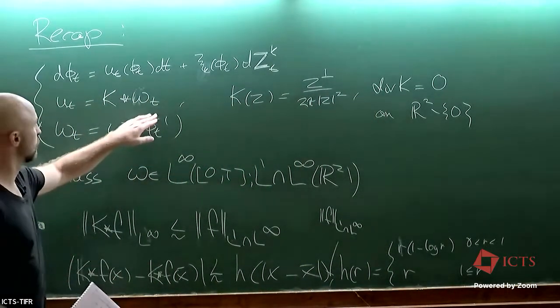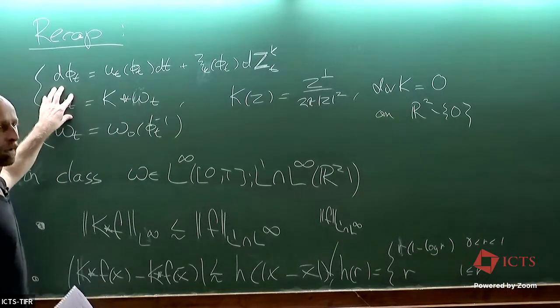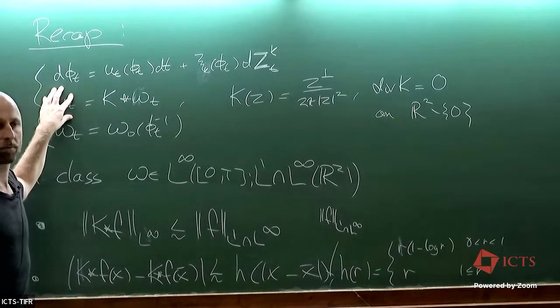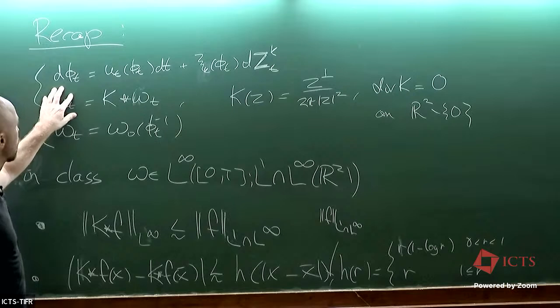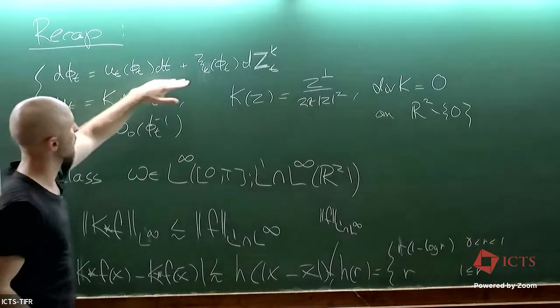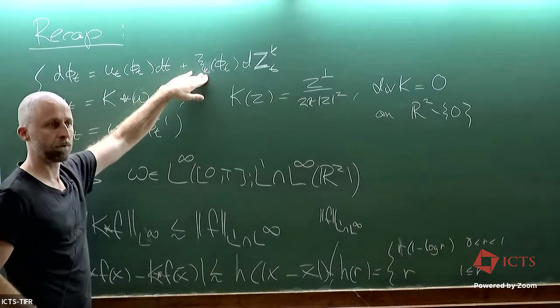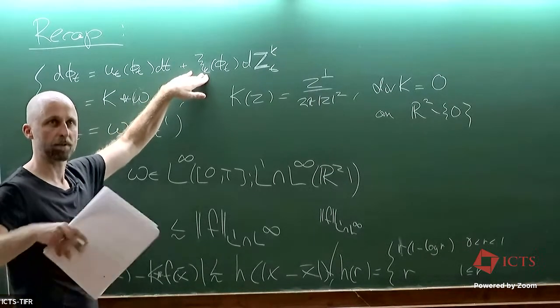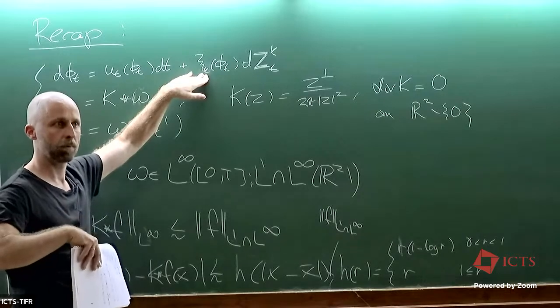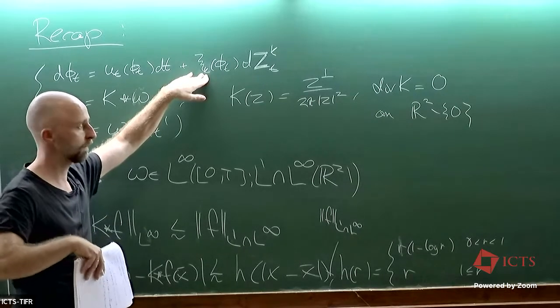So this will then imply that the velocity is divergence-free in the distributional sense. So if these vector fields are divergence-free, we should also have volume preservation. That was the theorem we saw in the previous lecture.